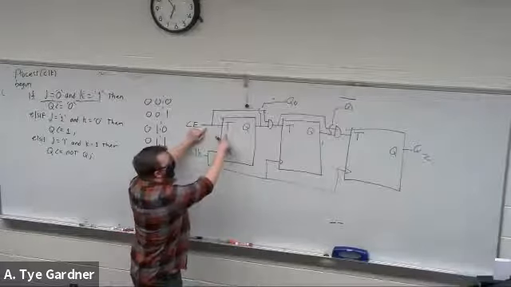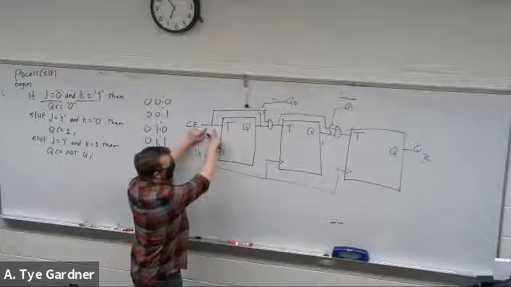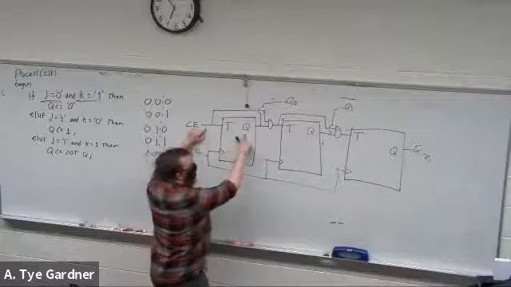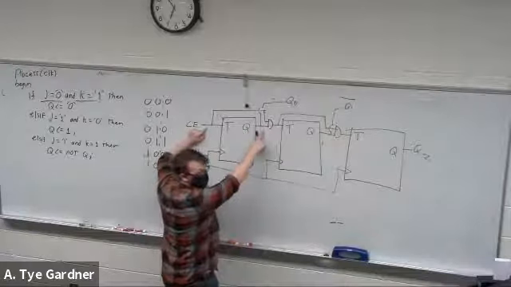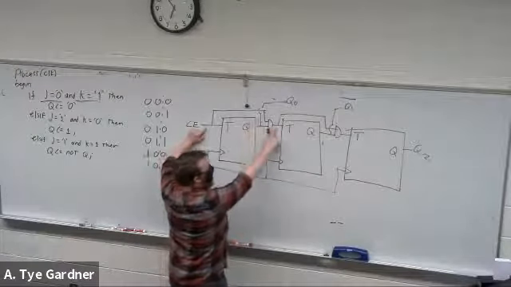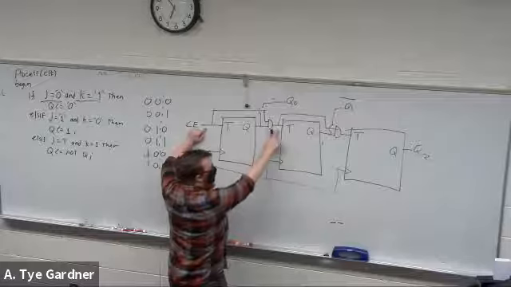All right, so that means if we start at a 0, then the clock hits here and we toggle Q. So it goes 0, 1, 0, 1, regardless. Because clock enabled, this is doing 0, 1, 0, 1.